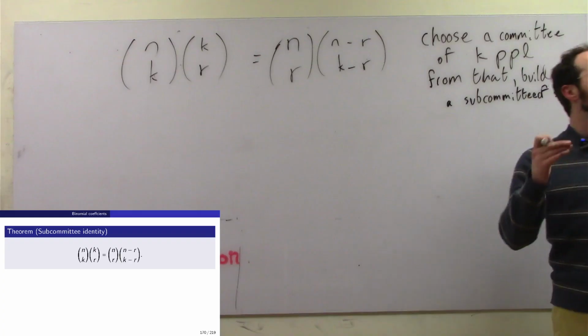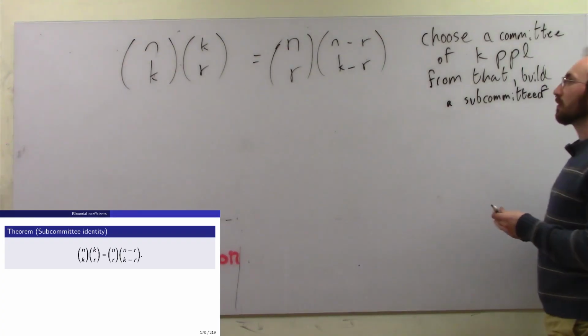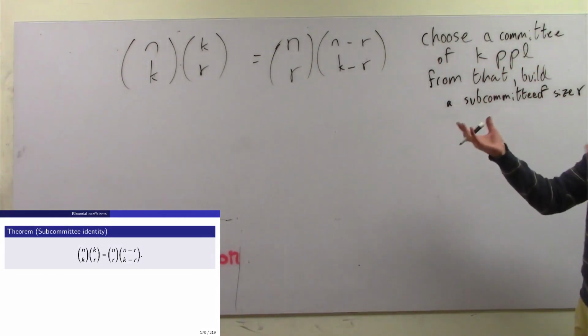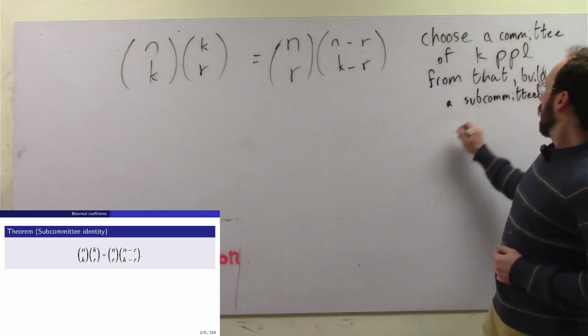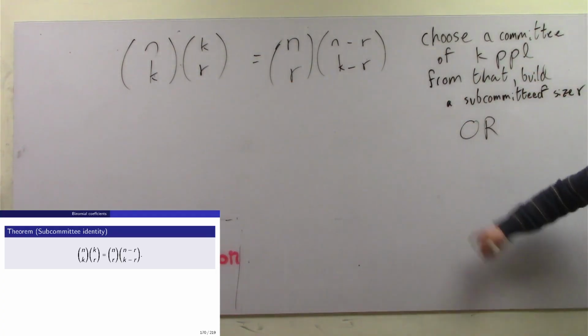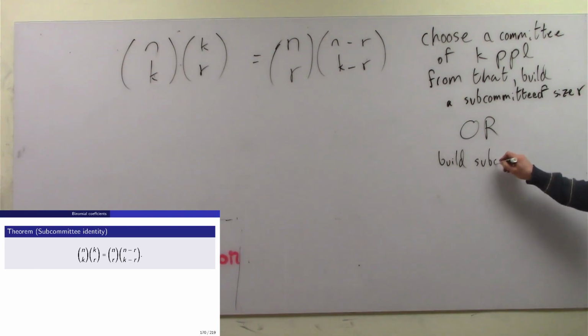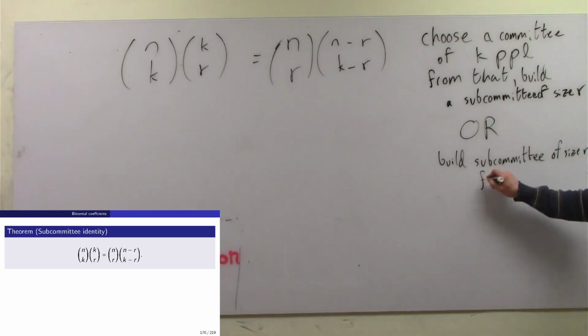Our subcommittee is of size r, and there are n folks to choose between. So we choose r from our entire pool. So let's write that. We build that subcommittee of size r first.